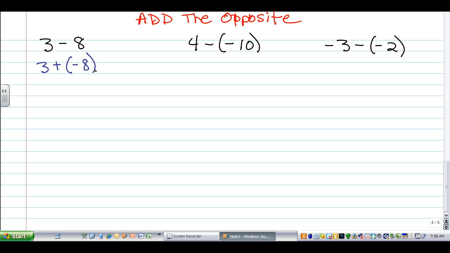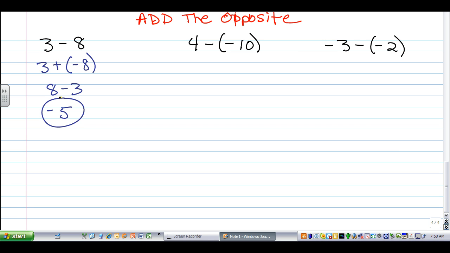There we go. And now I have an addition problem. What do we do with our addition problem? That's right, we subtract. 8 minus 3, 5. And is the answer going to be positive or negative? It is going to be negative because this has the highest absolute value.